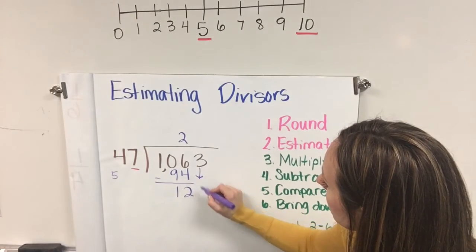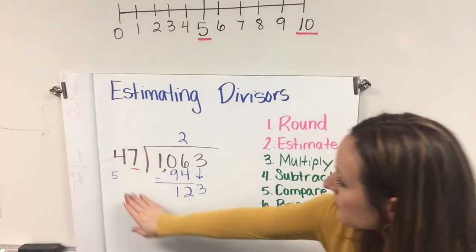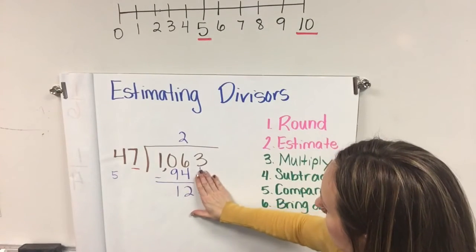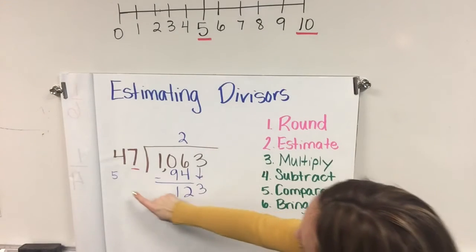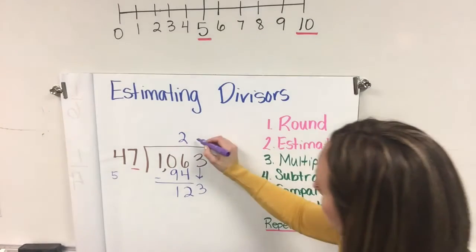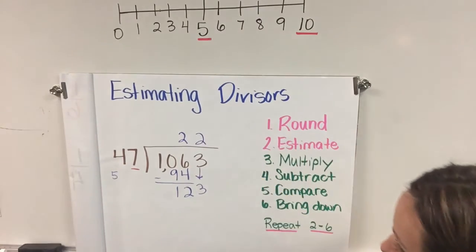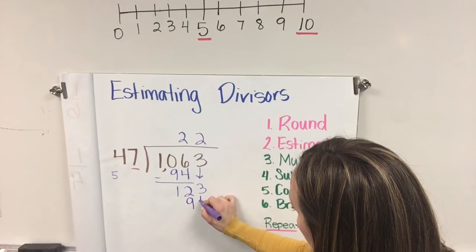I'm going to bring down my 3 and I have 123. I'm going to do the same thing again. 5 can go into 12 again 2 times. So I'm going to assume that 47 can go into 123 2 times. And in fact, of course, we know it does because we know that 47 times 2 is 94.